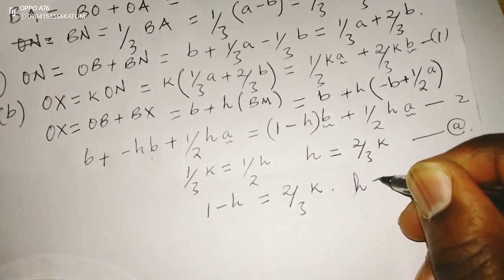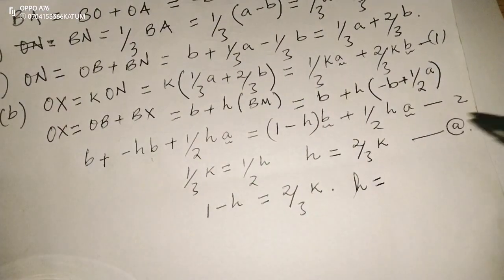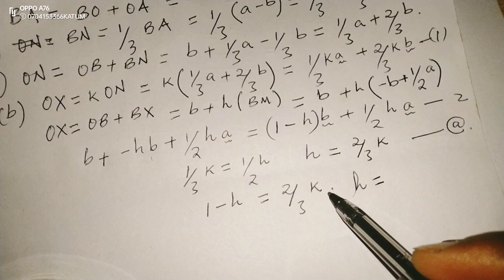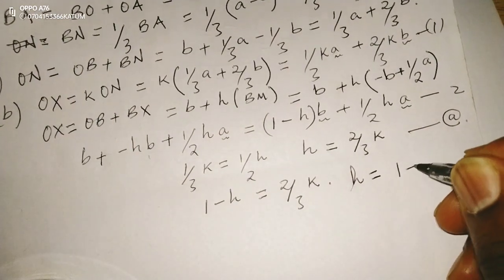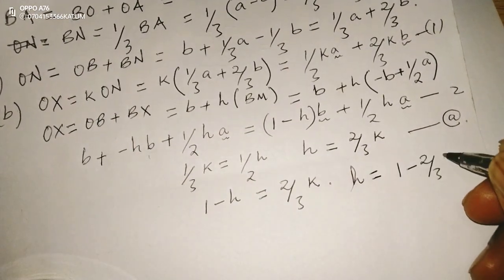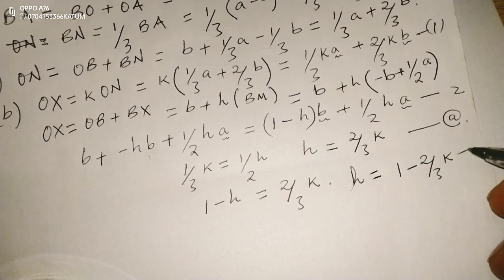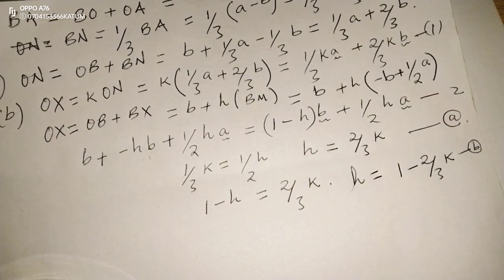So H is going to be, to remain with H, we will have 1 minus 2/3 K. This is the second expression of H.